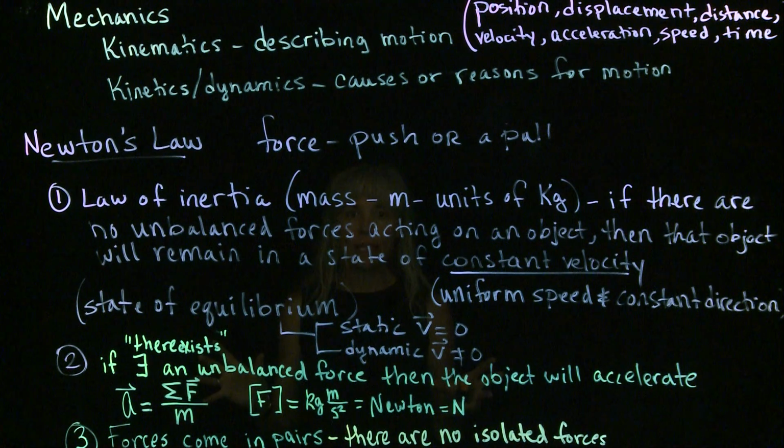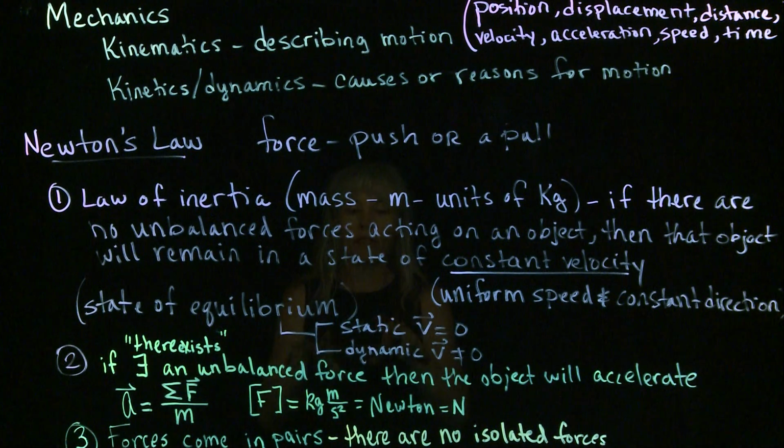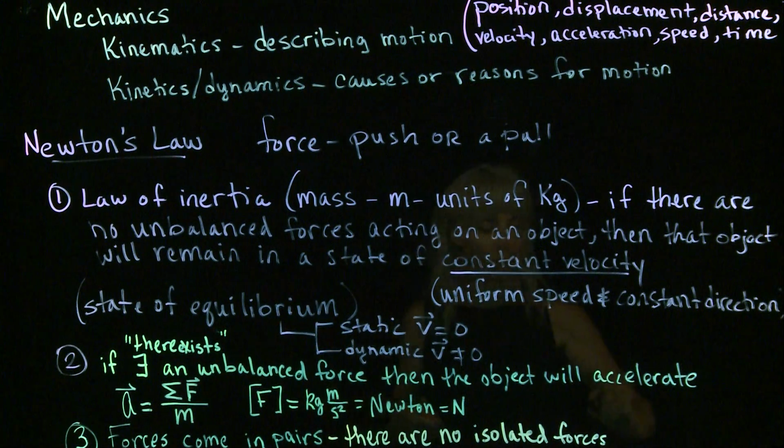All you do is switch the nouns and the direction, and you've identified the Newton's third law pair. I push down on the table, the table pushes up on me. Again, just switch the two nouns and you have the Newton's third law pair. So there's no existence of isolated forces. They do come in pairs. The Newton's third law pair is found by just switching the nouns.